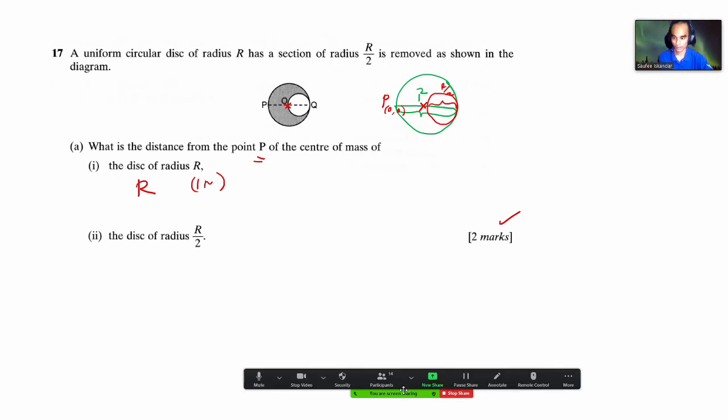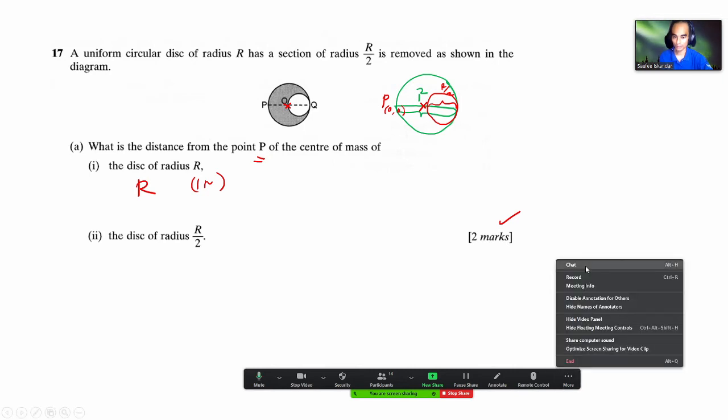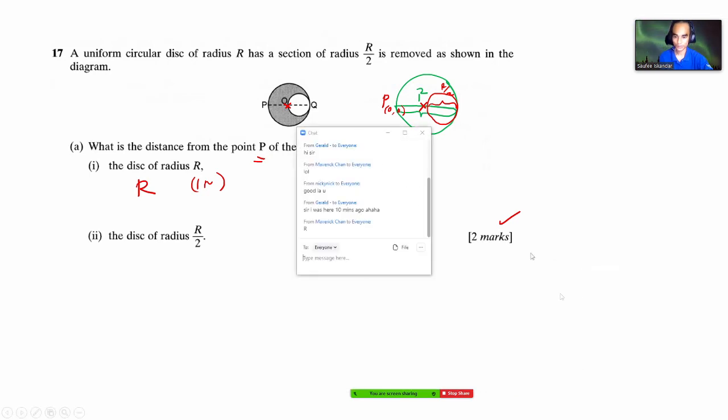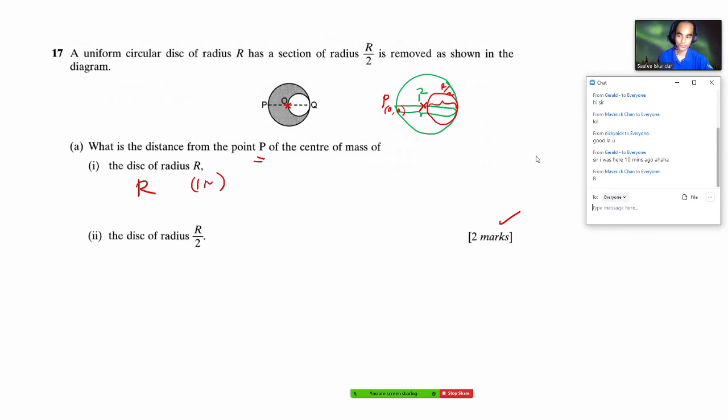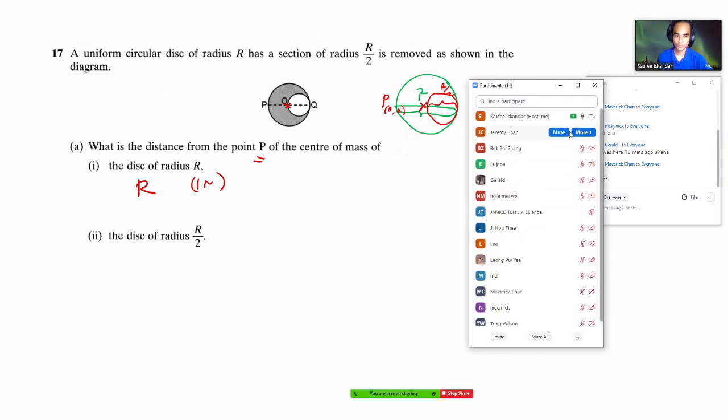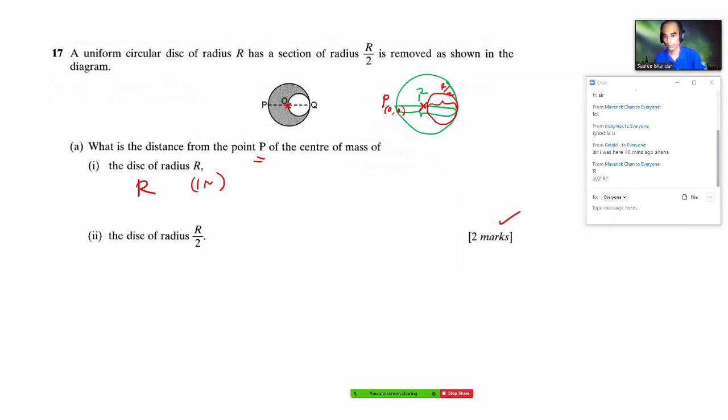What will be the distance of its center of mass? Who knows? So we actually have to add.